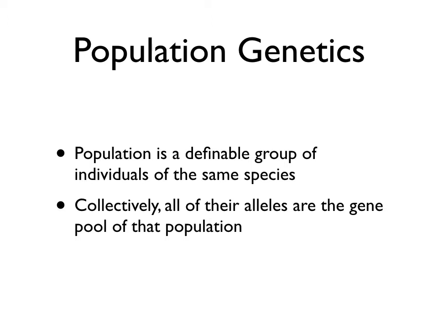Now, in the context of a population, it operates in much the same way. The same alleles are the things that we consider. Their frequencies are the important metrics by which we understand the genetic composition of the population. And so collectively, all of the alleles of individuals within the population are the gene pool for that population.